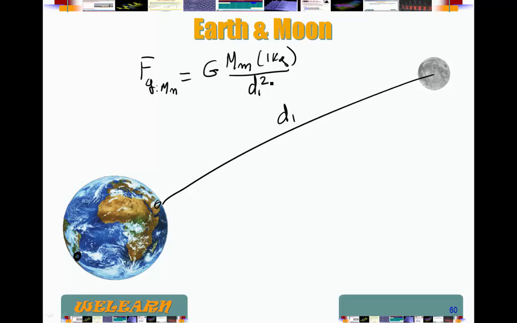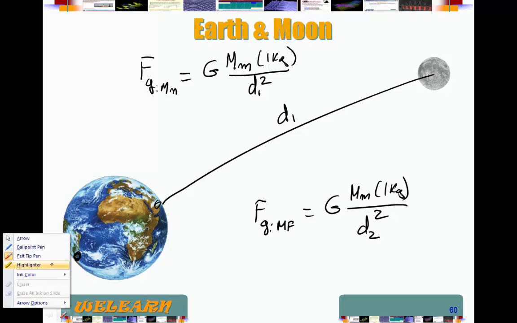Now, for the kilogram that's far away, the gravitational force of the Moon on the far away kilogram is G, mass of the Moon, 1 kilogram, over d2 squared.